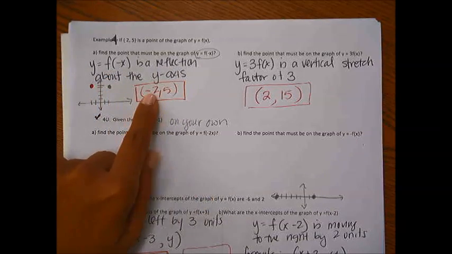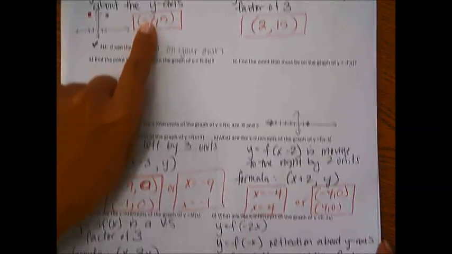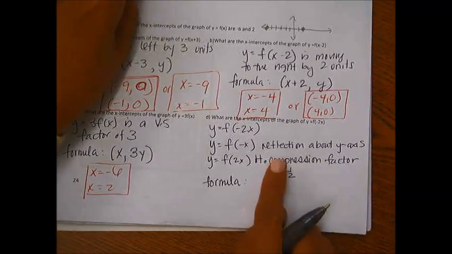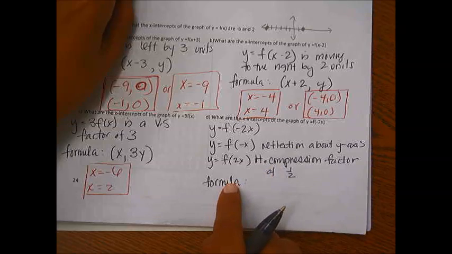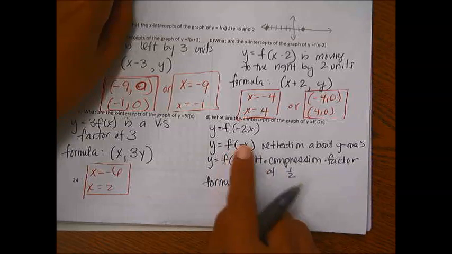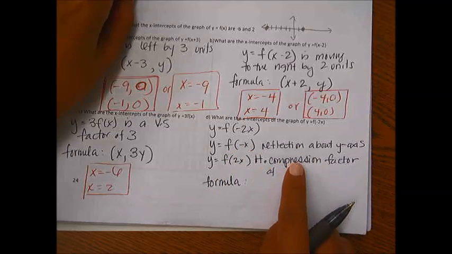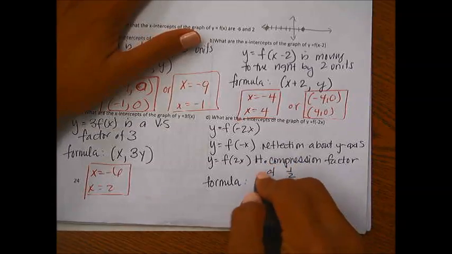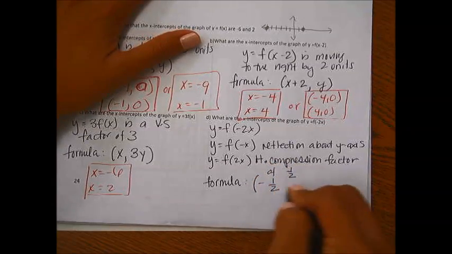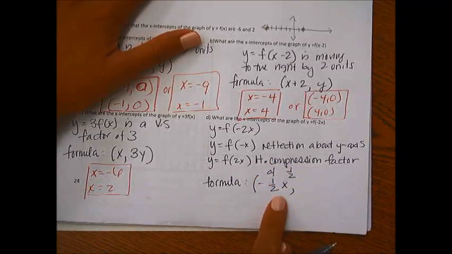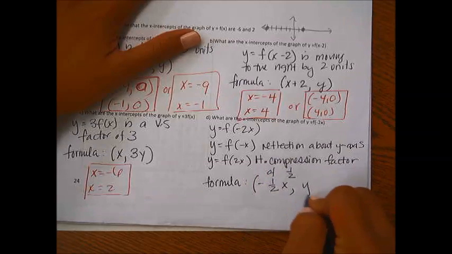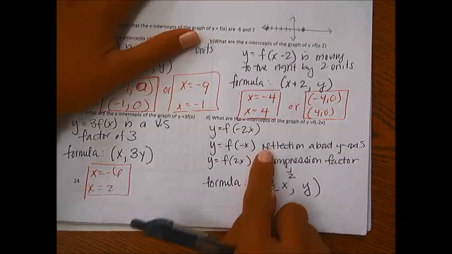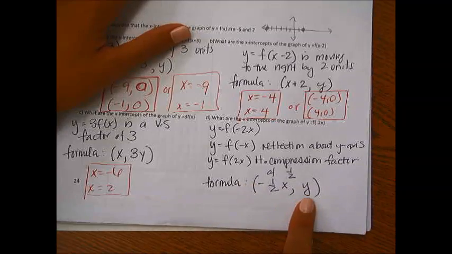So I'm going to take my x and multiply by negative. And then I have a horizontal compression factor of 1/2, so I'm also going to multiply the x by a half. So when I put the two pieces together, I'm really going to take all my x values and multiply by -1/2. Because these are both horizontal, the y is not going to change.